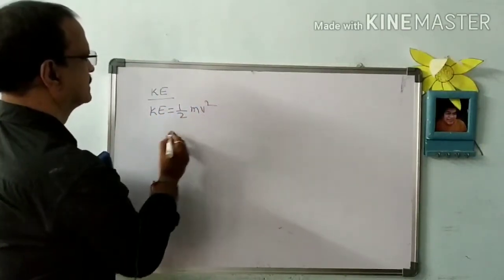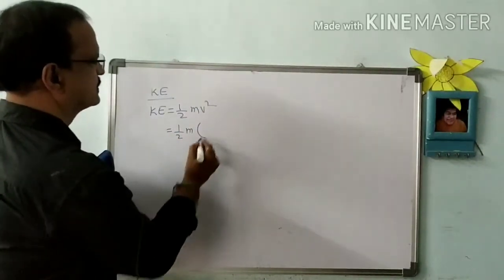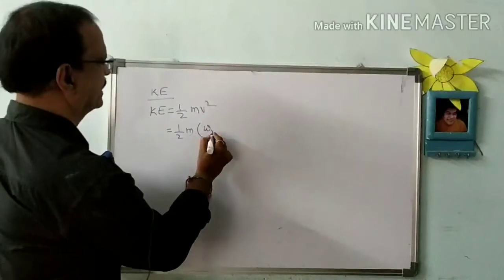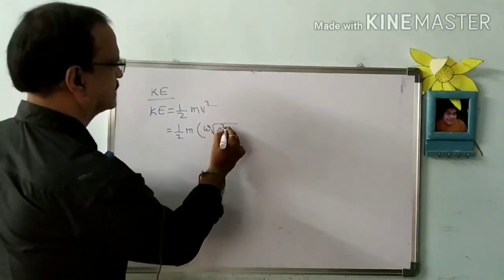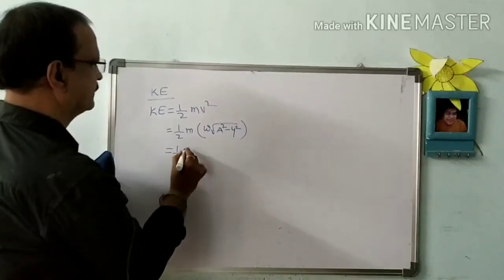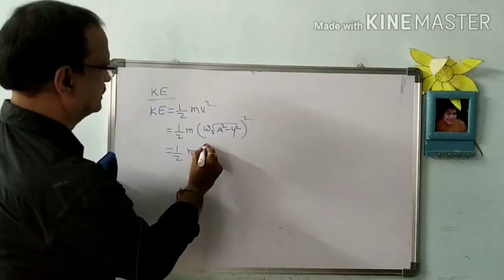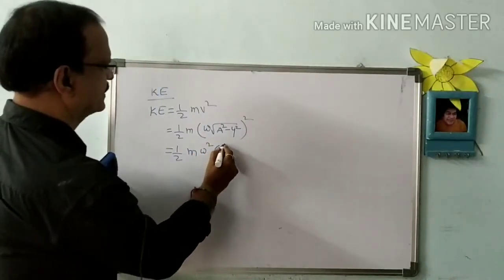So half m into v, where v at any position is omega into root of A square minus y square. So this is equal to half m omega square into (A square minus y square).